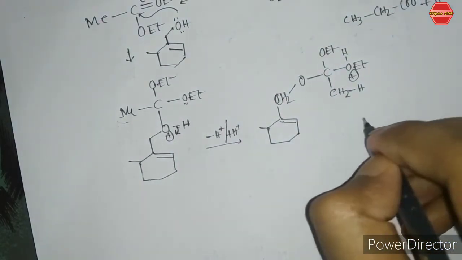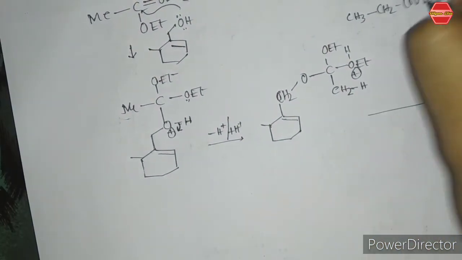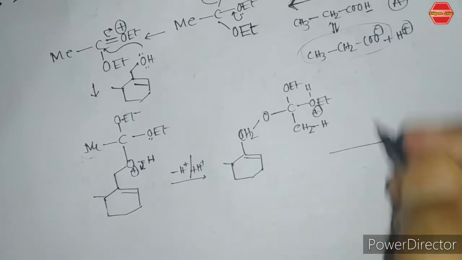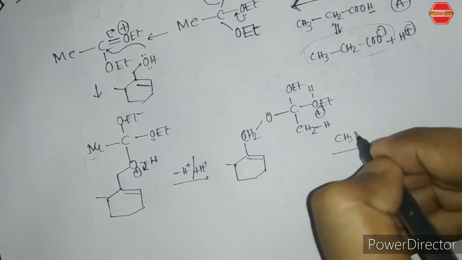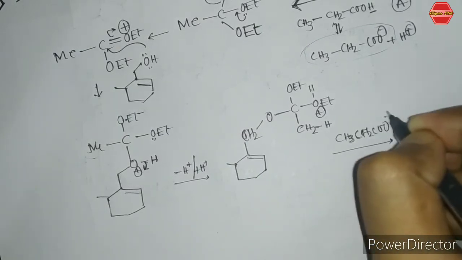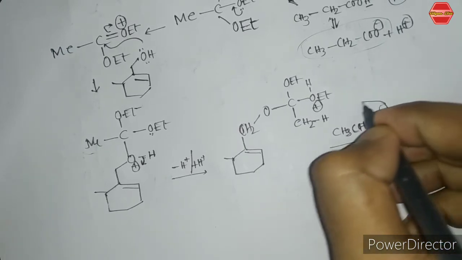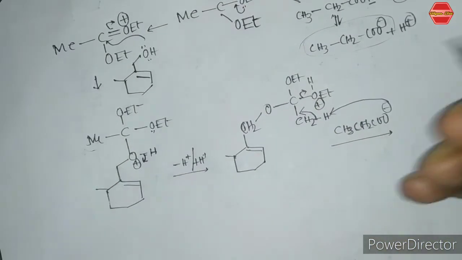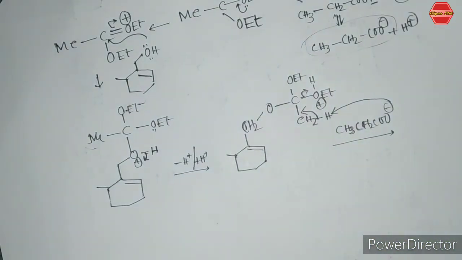Now see, here you have this kind of negative charge, a carboxylate type anion, so it can abstract the hydrogen from here, it goes here, and it can leave from the system like this way.